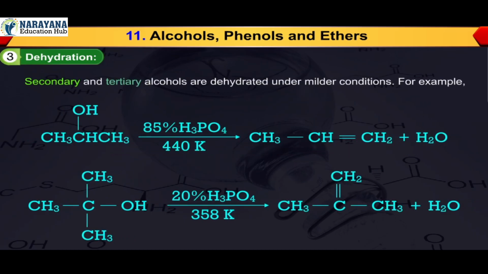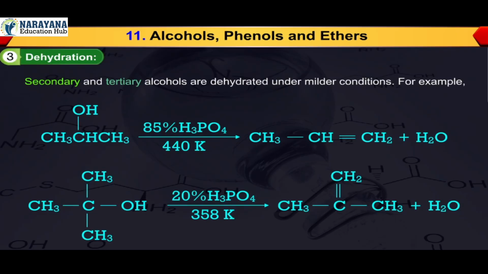Secondary and tertiary alcohols are dehydrated under milder conditions. For example, CH3CH(OH)CH3 in the presence of 85% H3PO4 at 440 Kelvin gives CH3CH=CH2 plus H2O.